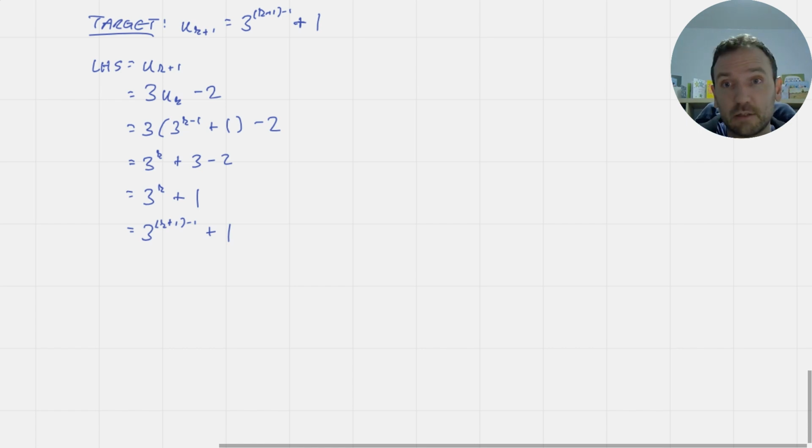So what we've shown now is that if the claim was true for n equals k, if we were okay in assuming that, then the claim is going to be true for n equals k plus 1. So this is where we just need to write our conclusion, but the conclusion needs to be really clear.